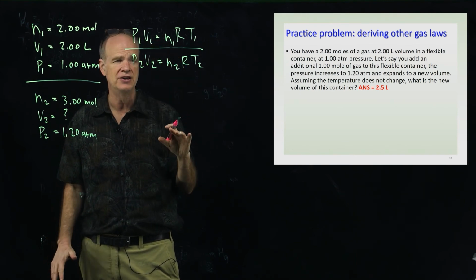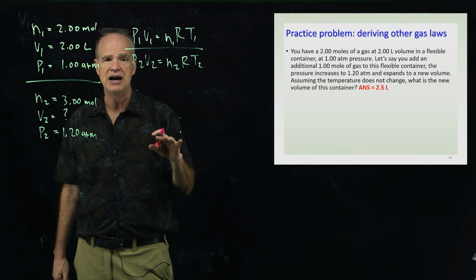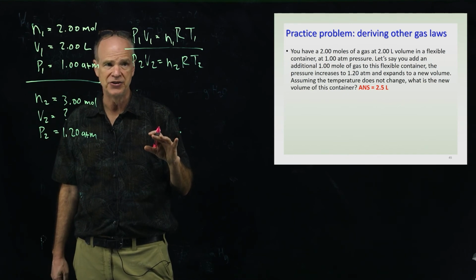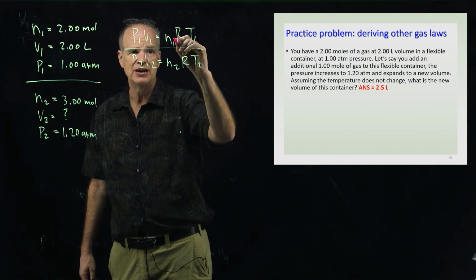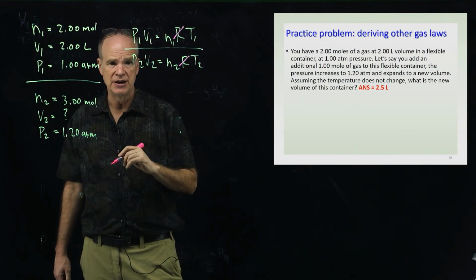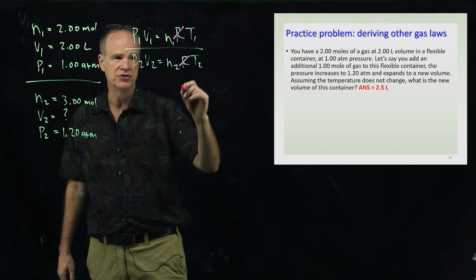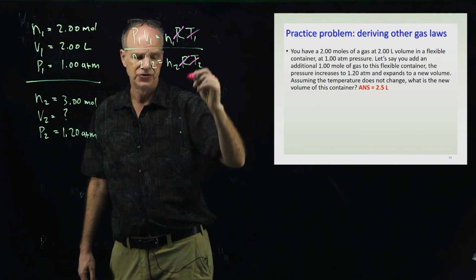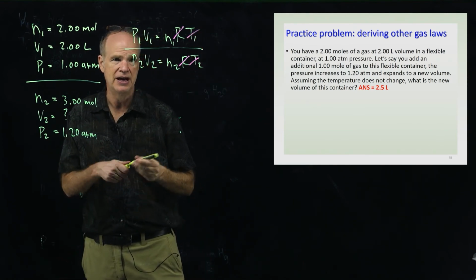And so to do that, let's cancel out the variables that remain constant. So one variable that remains constant is R. Another variable that remains constant in this problem, according to the problem, is temperature. That does not change.